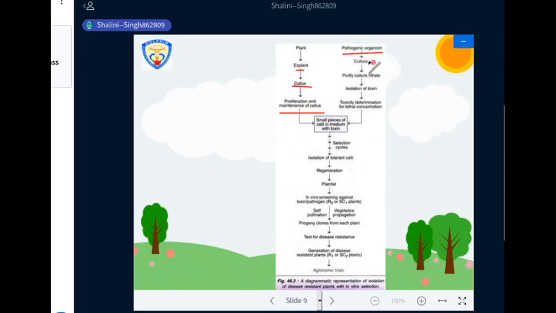For example, this pathogenic organism is raised in the lab as a bacterial culture or fungal culture. Then we will purify this culture filtrate and the toxin which causes disease in the plant is isolated from this culture filtrate.